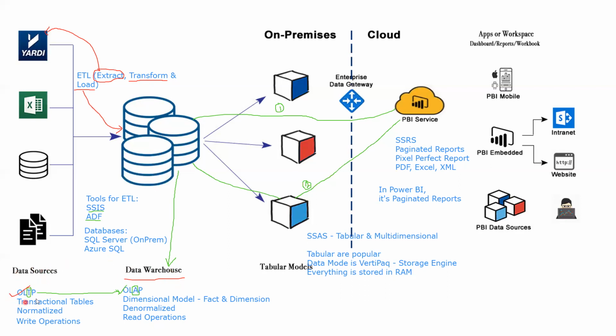The source systems are good for supporting the front-end business activities, and the data warehouse is good for doing business operations to see how the business is performing. Tabular models are to increase the performance of your reporting because they use this VertiPaq engine, so that the reports will load faster and everything will be available here.